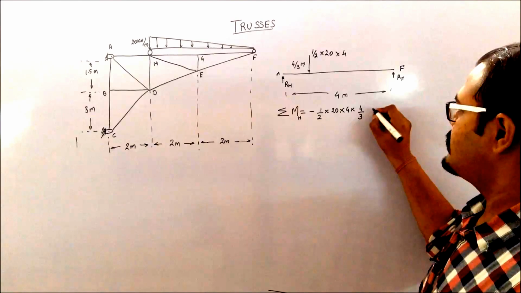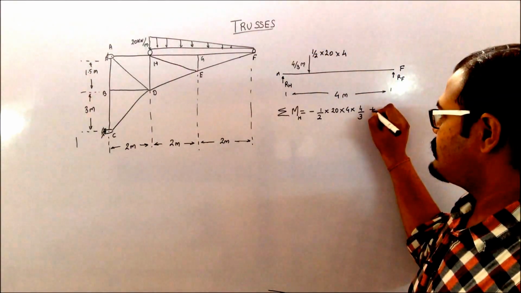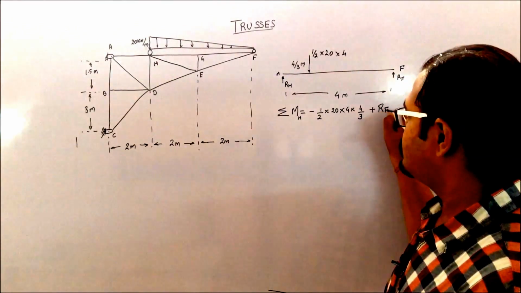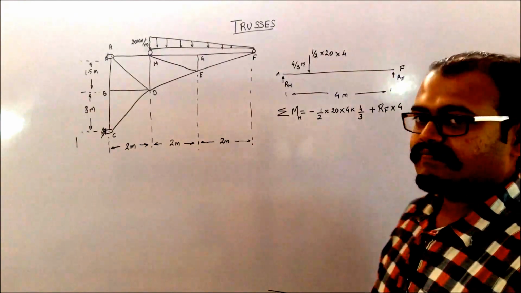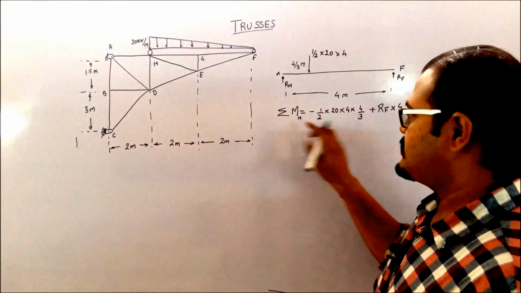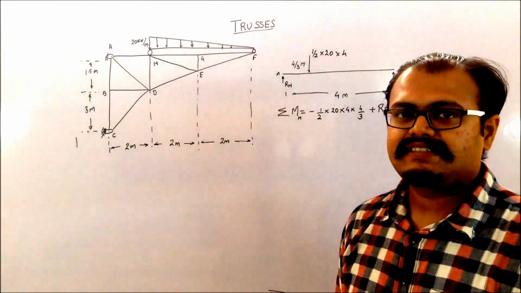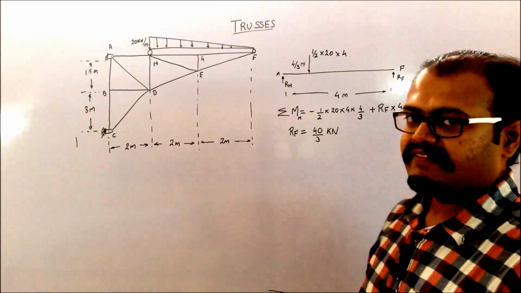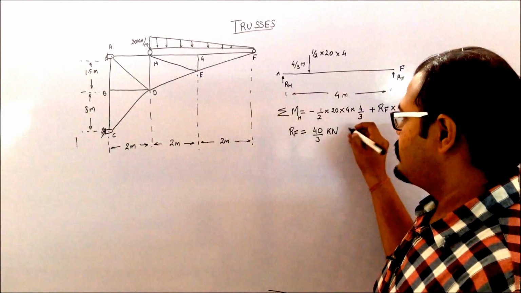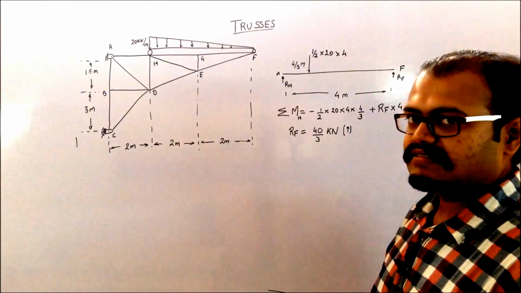Now for RF, it is moving the rod in the anti-clockwise direction, so it will have a positive magnitude, and it will be RF into 4. Because of this I can find my RF, because my summation MH will have a value of 0 as it is in stable position. So I got my value of RF, which is 40/3 kilonewtons. It's positive, so the direction is going to be this one.